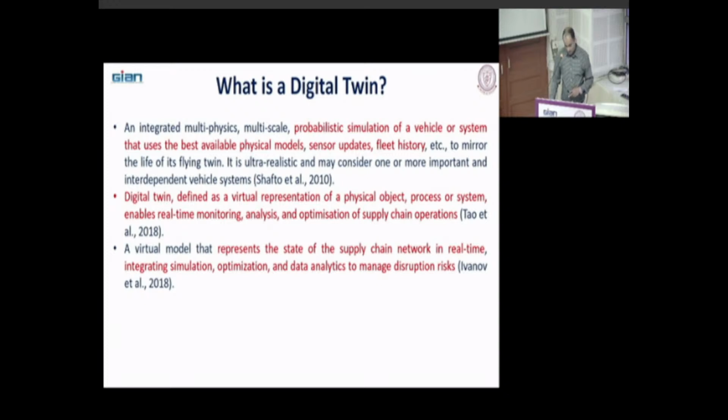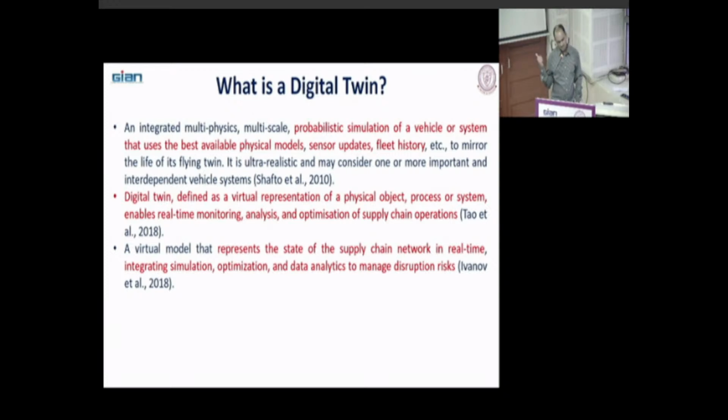Another definition was given by Professor Ivanov in 2018: a virtual model that represents the state of the supply chain network in real time. Again, real time, and it shows the state of that supply chain network, integrating simulation, optimization, and data analytics to manage disruption risk. So he focused on the risk point of view, how we can use digital twin technology to manage the risk involved in your supply chain.